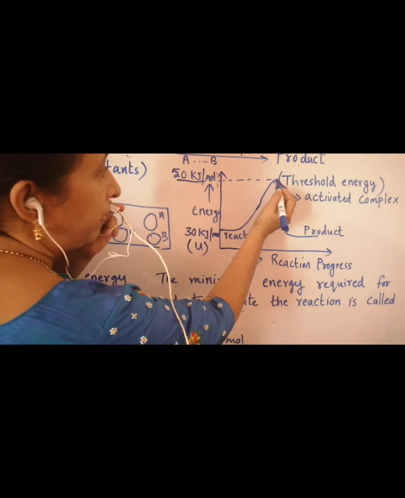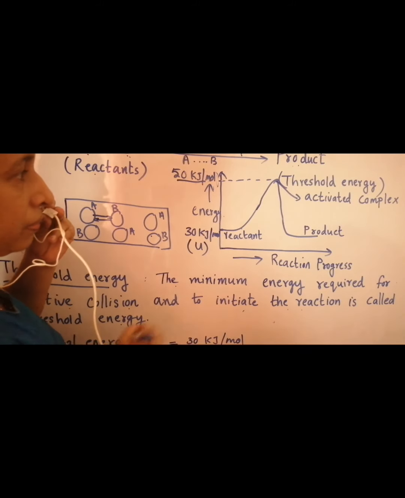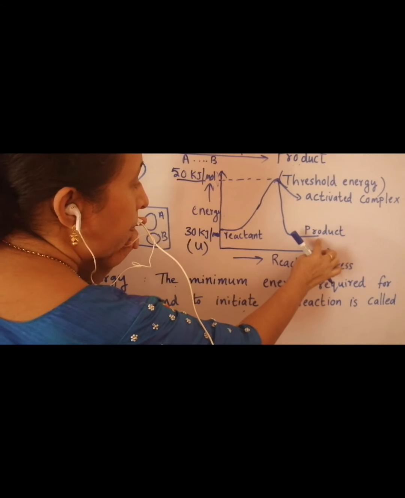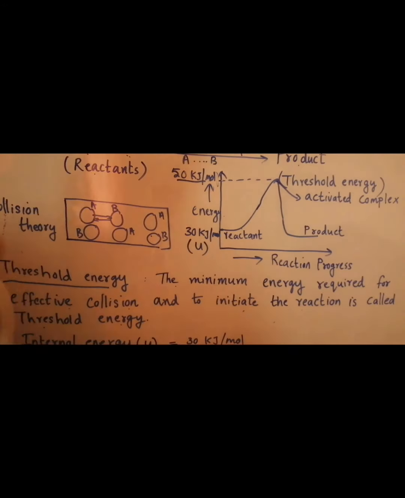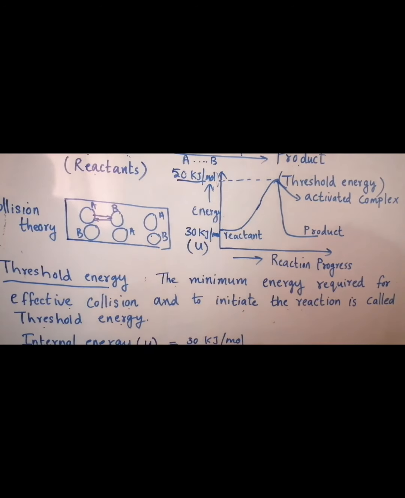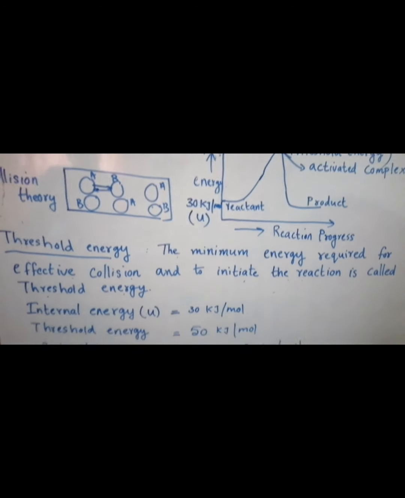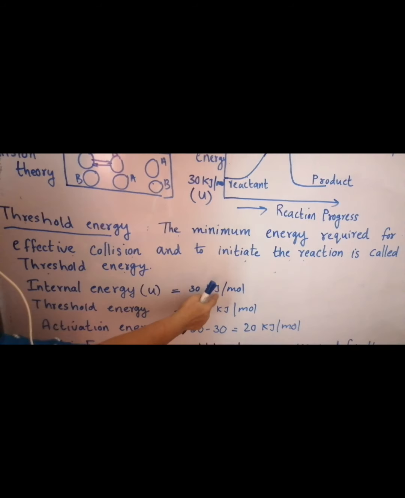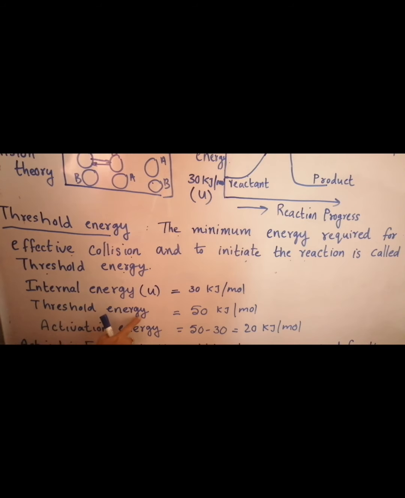And here an activated complex is formed, and the activated complex breaks to form the products. Suppose internal energy is U, 30 kilojoules per mole, and threshold energy is 50 kilojoules per mole.